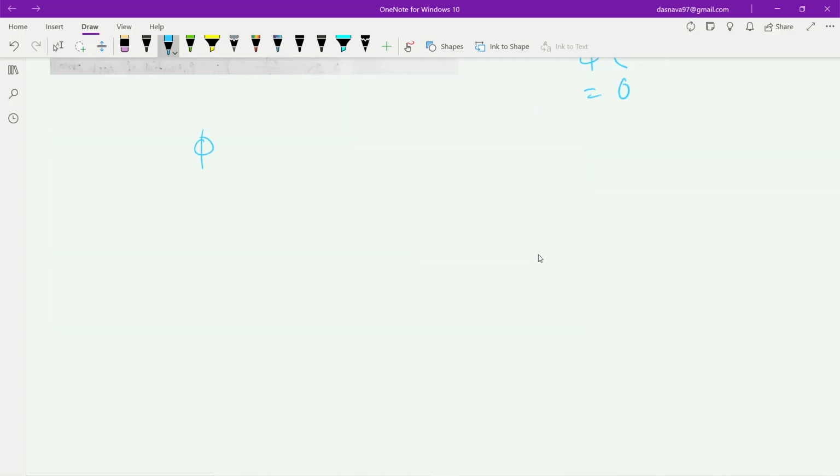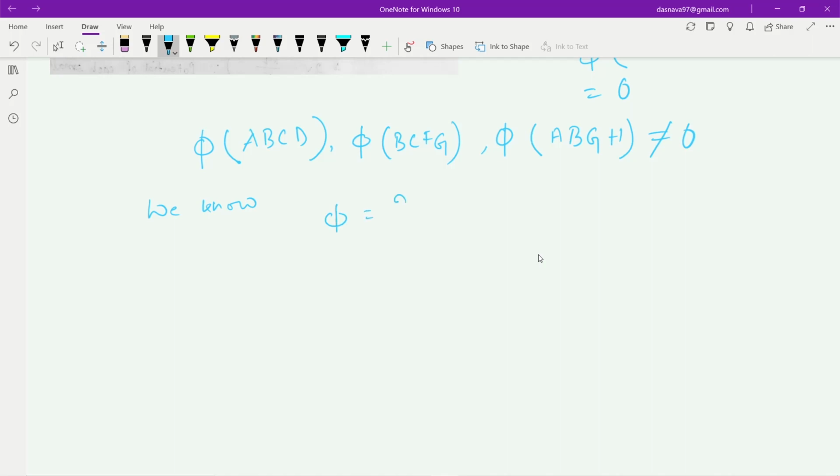Now, flux through the sides ABCD, BCFG, and ABGH is not equal to 0, because they are opposite to the point charge Q at the vertex E. So we know that flux through any cube is given by phi equals Q by 8 epsilon naught.